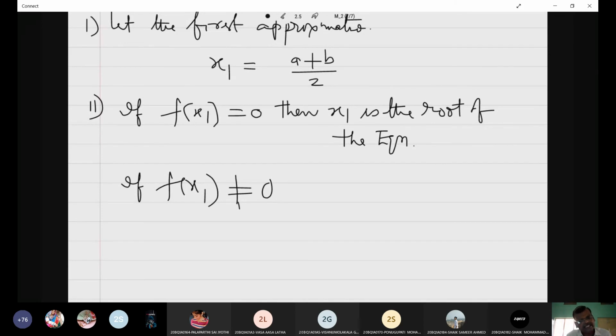If f of x1 is less than 0, negative, the root lies between x1 and b.